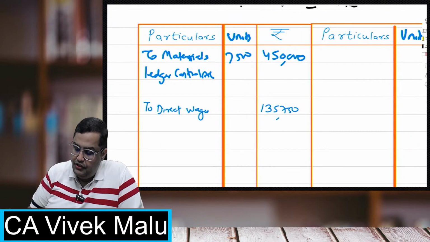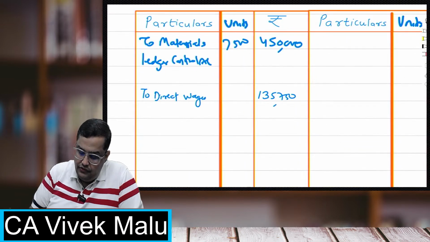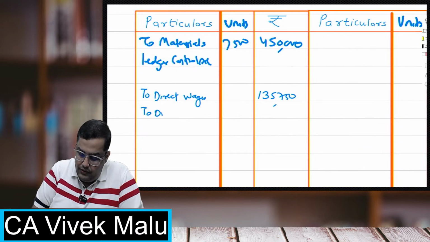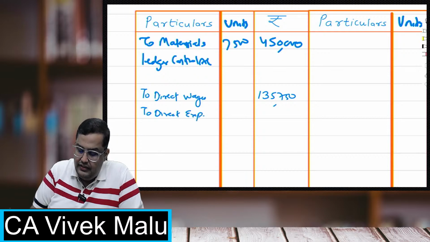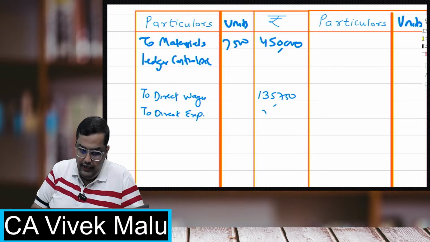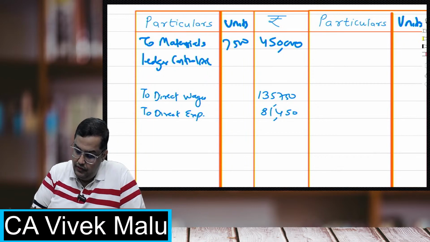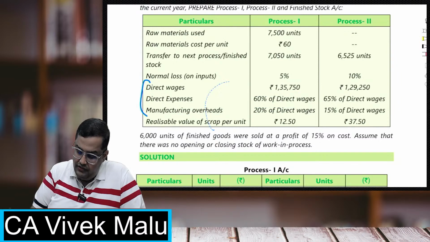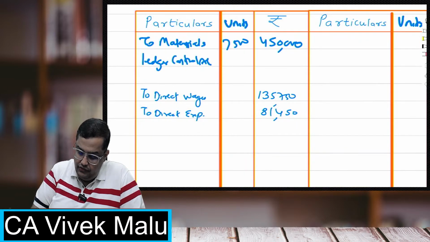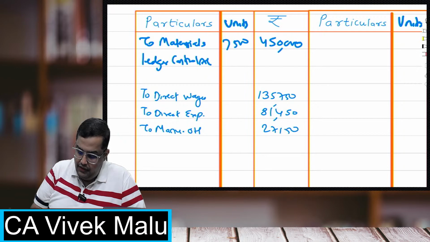Direct expenses are 60% of the direct wages. So to direct expenses, 60% of the wages, 135,750 into 0.6, that is 81,450. Manufacturing overheads are 20% of the direct wages. To manufacturing overheads, that will be 27,150.